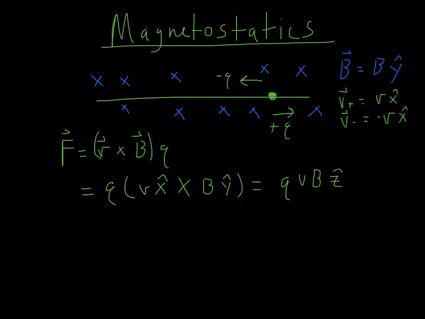Alright? What if we did it with a negative charge instead? That's equivalent to, I have my negative Q now, but it's moving in the minus x direction, cross B, and I'm just going to get Q V B z hat. If you're doing an experiment like the Hall effect, that's actually how you can determine the charge carrier as the electron.